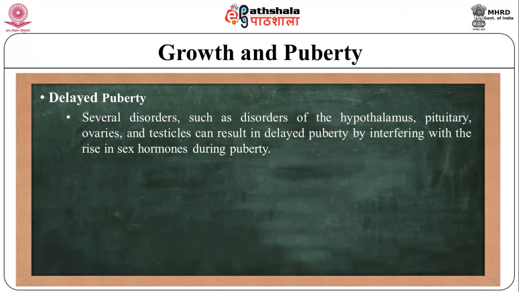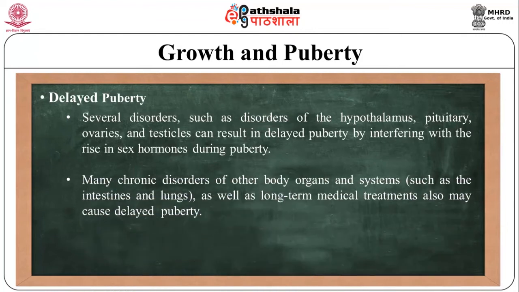Several disorders such as disorders of the hypothalamus, pituitary, ovaries and testicles can result in delaying puberty by interfering with the rise in the sex hormones during the puberty period. Many chronic disorders of other body organs and systems such as intestine and lungs, as well as long-term medical treatments, also may cause delayed puberty.